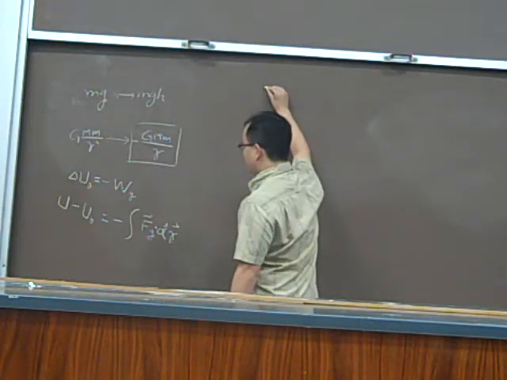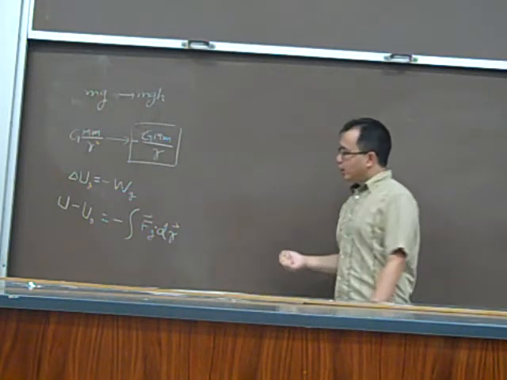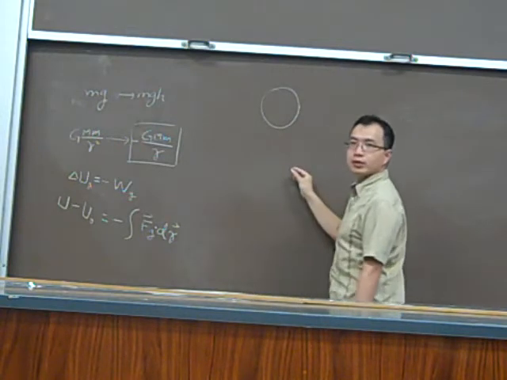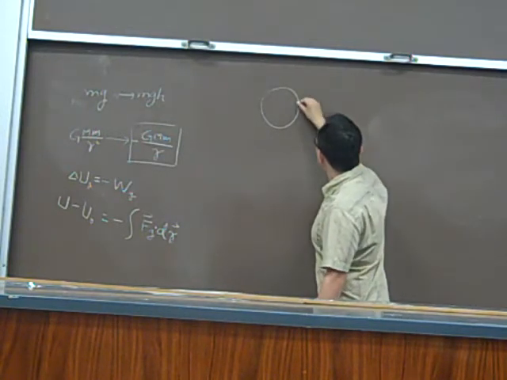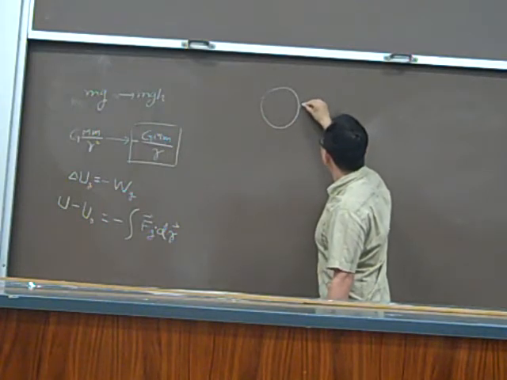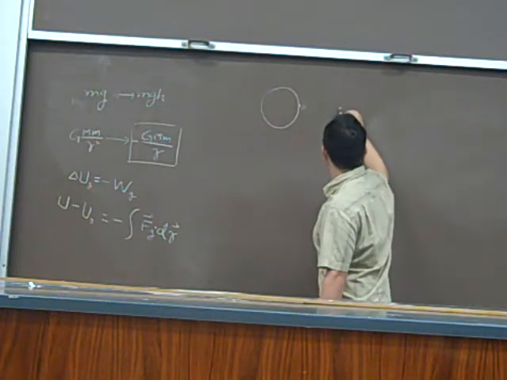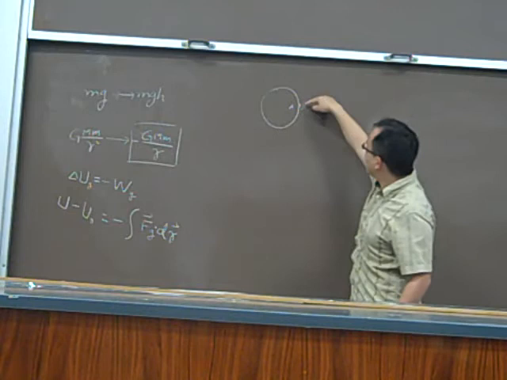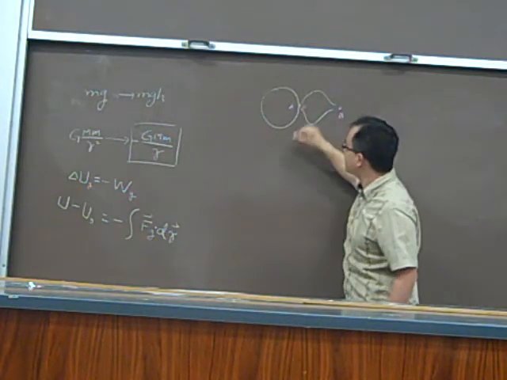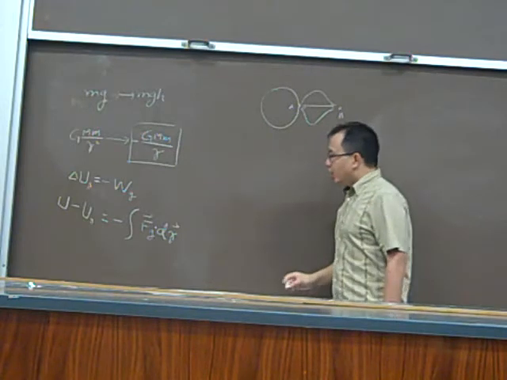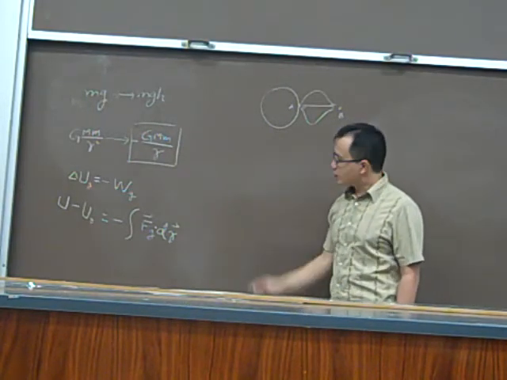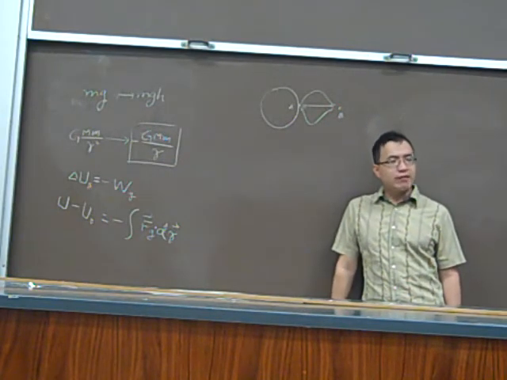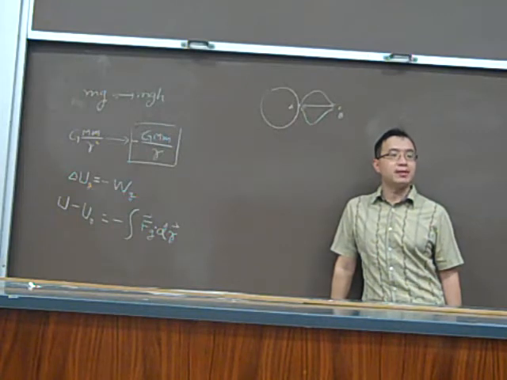Let's say this is the Earth's surface. If we try to calculate delta U from point A to point B, the work can be done along any path, like this path or this path, right? But it's a potential energy, so that means the force is a conservative force. The work done by a conservative force is independent of the path.